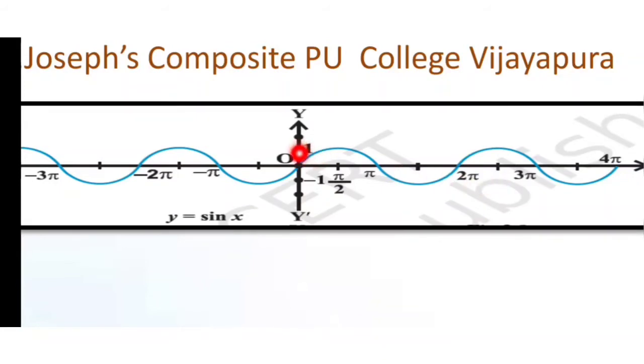The x-axis will be inputs, x. So inputs pi by 2, pi, pi by 4, pi by 3, pi by 6, these all are inputs, and the output is 1 or minus 1 or 0. It is lying between 1 and minus 1. Here the maximum will be 1.